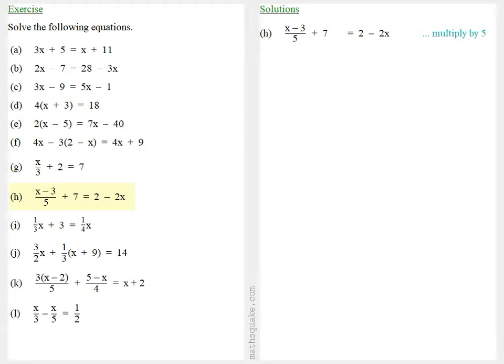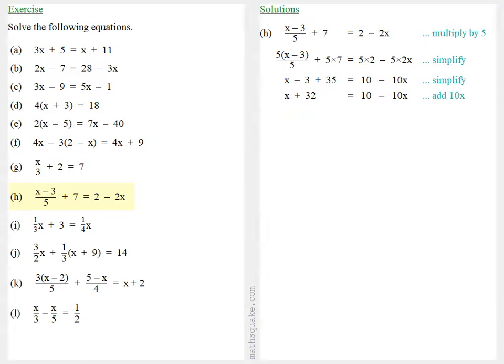So all the terms are multiplied by 5, so that gives 5 into x minus 3 over 5 plus 5 times 7 equals 5 times 2 minus 5 times 2x. That simplifies. The 5s cancel, so we have x minus 3 plus 35 equals 10 minus 10x. And we can simplify again to get x plus 32 equals 10 minus 10x.